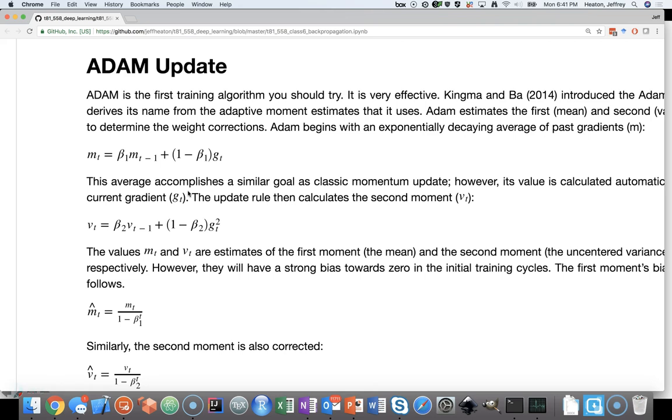But one thing that is good about ADAM and ADAGRAD and some of the other recent innovations is you end up with a learning rate for every single weight, because not all weights learn the same. If you're trying to push every single weight at the same rate, you'll never ease into a really good final value, because not every weight learns at the same speed.